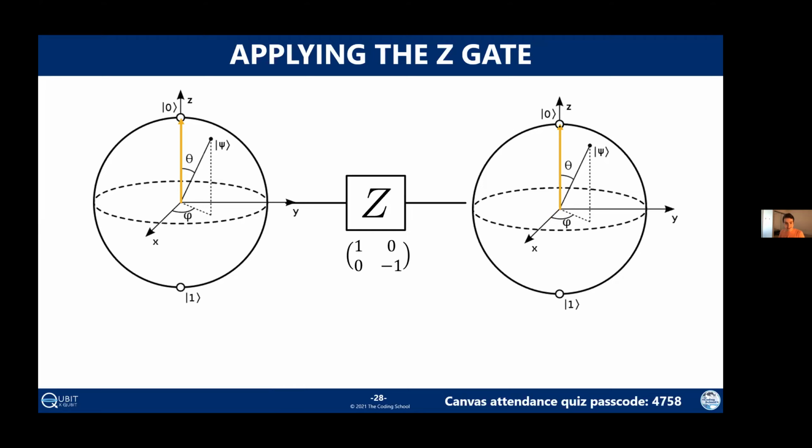The reason is that now we're rotating around the Z axis. If I put a skewer through my globe and rotate it, the only thing that doesn't change is stuff on the axis. Here, ket 0 is on the Z axis, therefore it does not change.